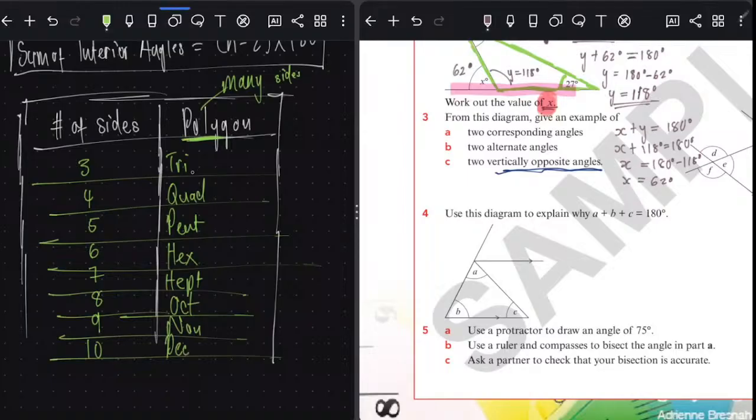And we now say triangle, quadrilateral, pentagon, hexagon, heptagon, octagon, nonagon, decagon. Any question? No.